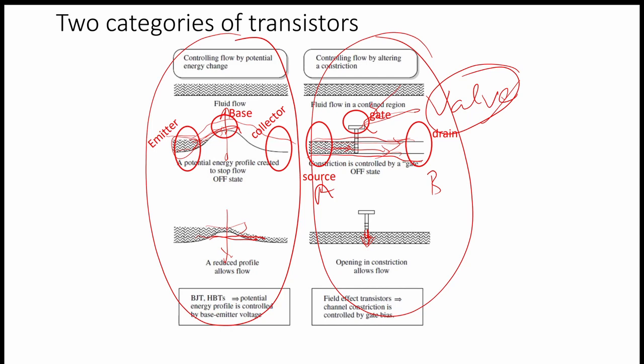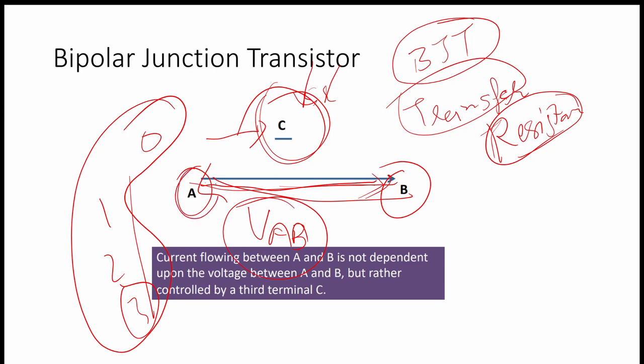In BJTs, the current in between A and B is controlled by the flow of the current at C. A small variation in the current at the C terminal will affect the flow of the current in between A and B. So this is the current controlled device.